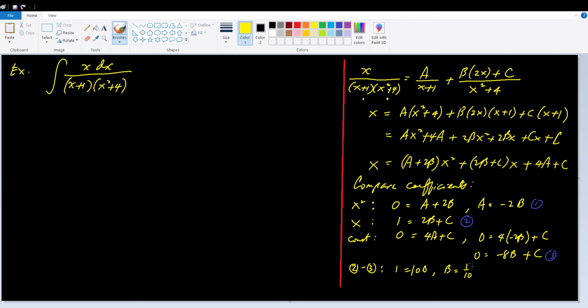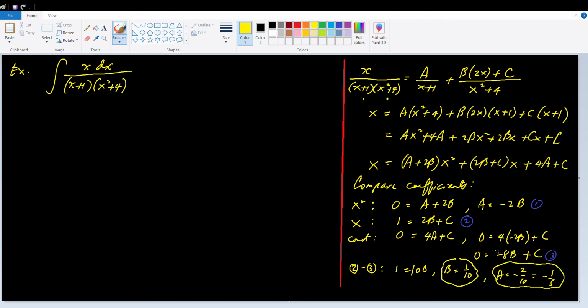Right? Now that we have the value of b, we can solve for a in equation 1. A is negative 2b, so that will be negative 2 over 10, or negative 1/5. So that is the value of a.